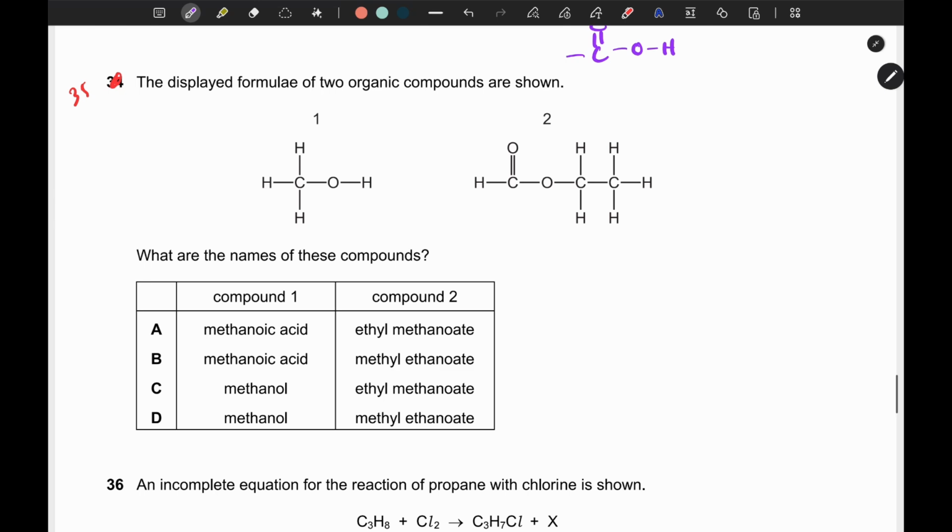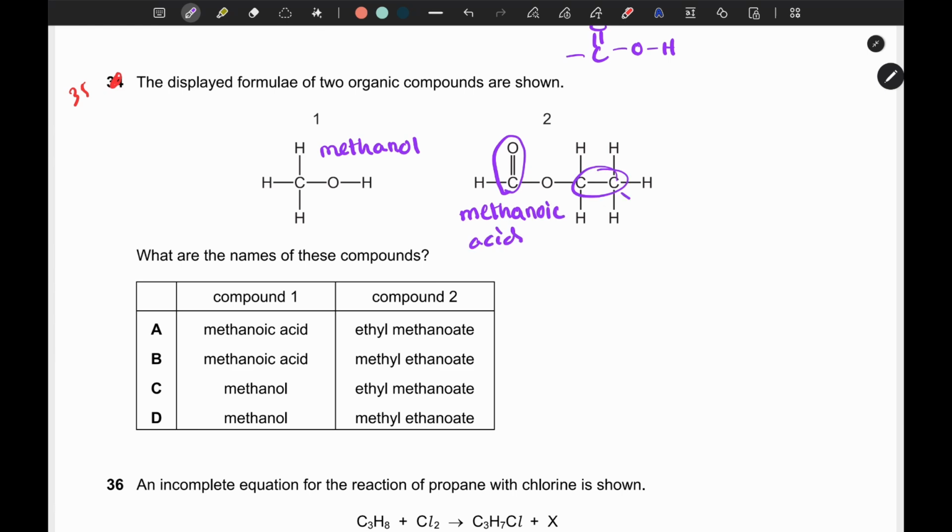Moving on, the displayed formulae of two organic compounds are shown. So we see that 1 is an alcohol with 1 carbon, so that's methanol. And 2 is an ester because of this functional group present, CO and O, and instead of an H we have a carbon. So this part has 1 carbon and it's bonded with the double bond oxygen. So that would indicate that this was the carboxylic acid, methanoic acid.